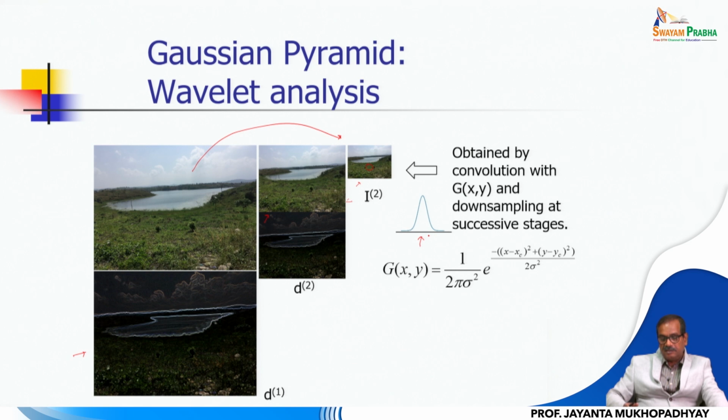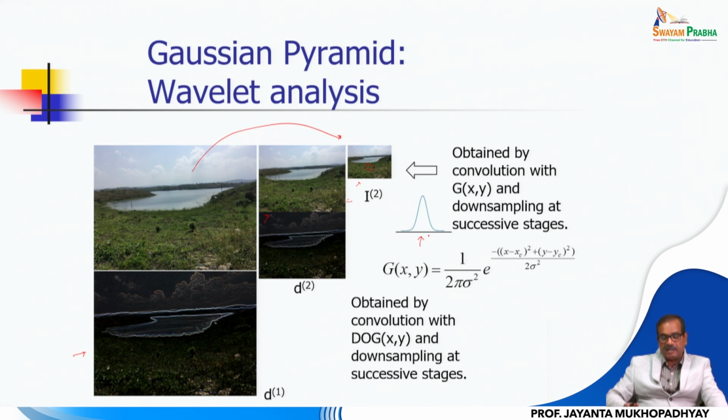Similarly, for the differences, you are actually using the difference of Gaussians. You have seen that you do the Gaussian smoothing and then take the differences. If I plot the difference of Gaussians in one dimension, it would look like this. This is the kind of wavelet, and these wavelets compute the details.